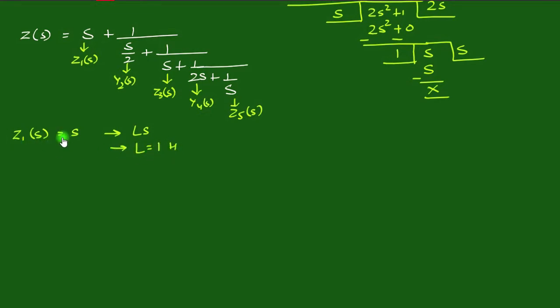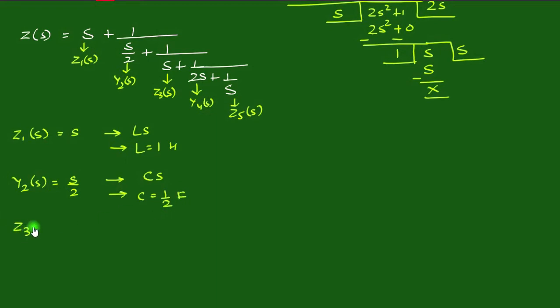So Z1(s) equal to s gives an inductor of 1 Henry. Similarly, Y2(s) is s by 2, and the admittance of a capacitor is Cs. Comparing it with Cs, I will get the value of C equal to 1 by 2 farad.